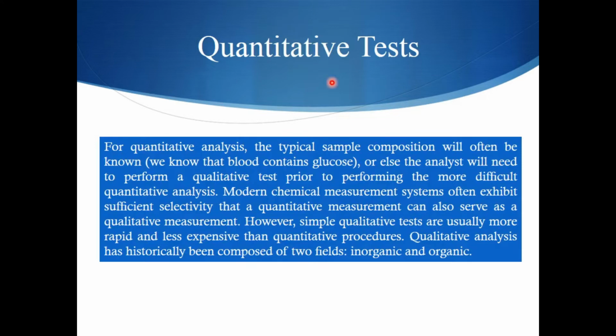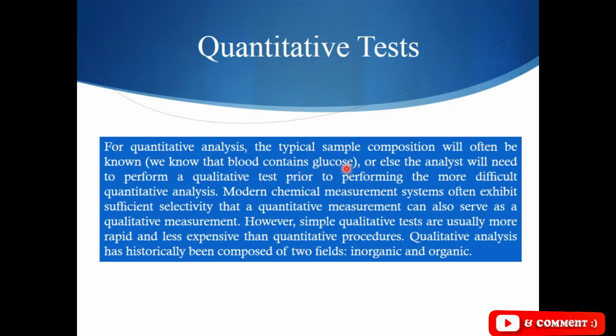Then quantitative tests, how we can perform quantitative tests. For quantitative analysis, the typical sample composition will often be known. We know that blood contains glucose. So before performing a quantitative test, we are always sure about the presence of components in a specific sample.